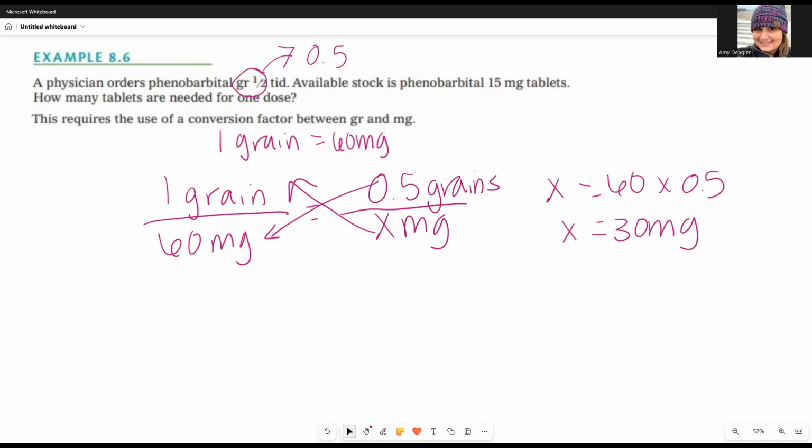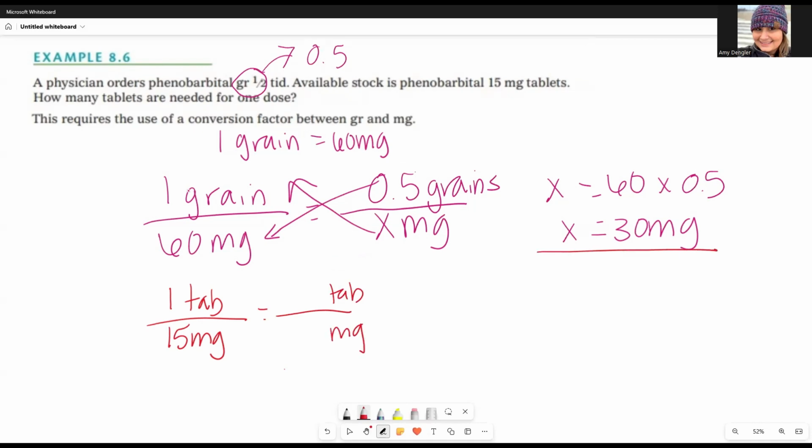So that's just the first part of the problem. And now we need to do the next step, which is finding the answer to the question that they're actually asking us. All right, so the available stock is 15 milligram tablets. So I'm going to do a proportion with one tab is equal to 15 milligrams. So then I know over here I need tabs, and down here I need milligrams. I have the 30 milligrams, which is what the doctor ordered, and x tabs.